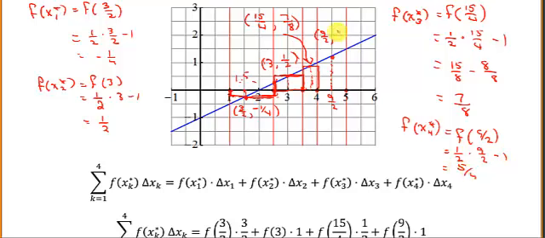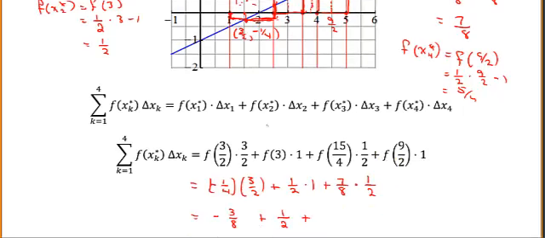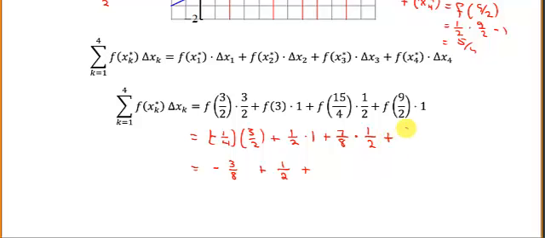So this last rectangle will be 5/4 tall times 1 wide. And so let's see, I stopped here. This is going to be 7/16, and this would be 5/4.